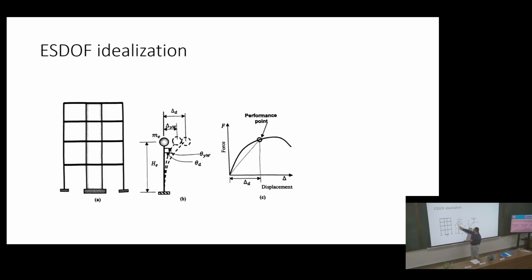So that's your theta D, but there's another concept here: instead of yielding of the rebar, like in the previous case, it's the deflection of the wall, kind of yielding of the wall at some point during the performance profile. So your wall is yielding, so theta YW, and the corresponding displacement is delta Y of wall.